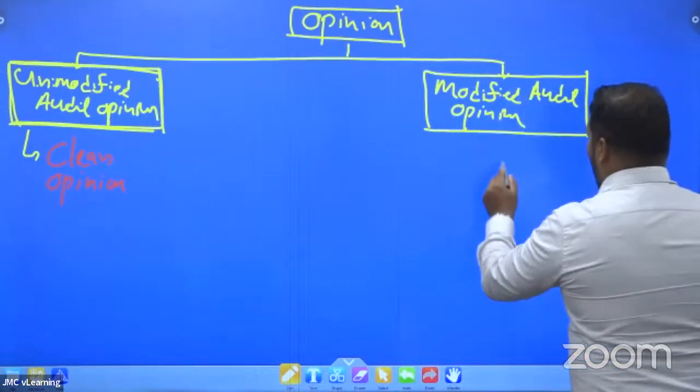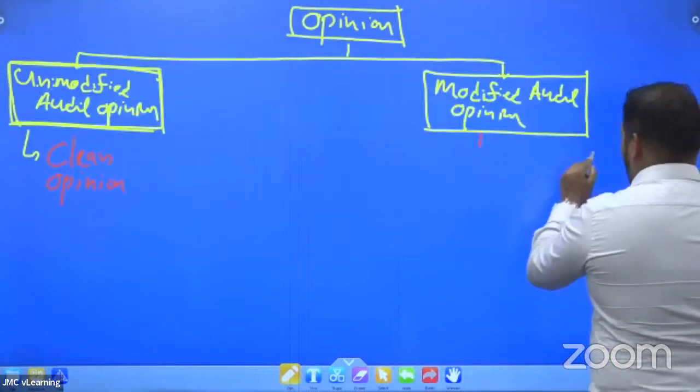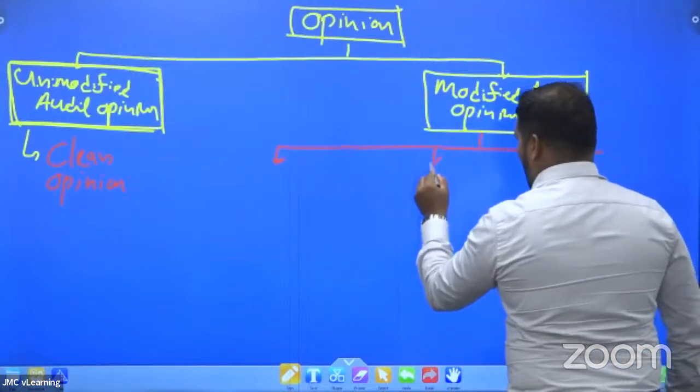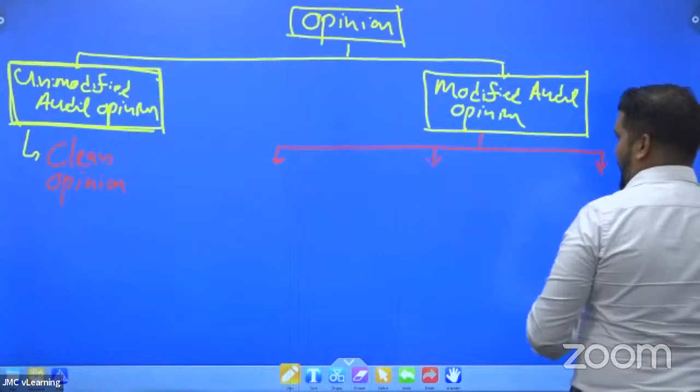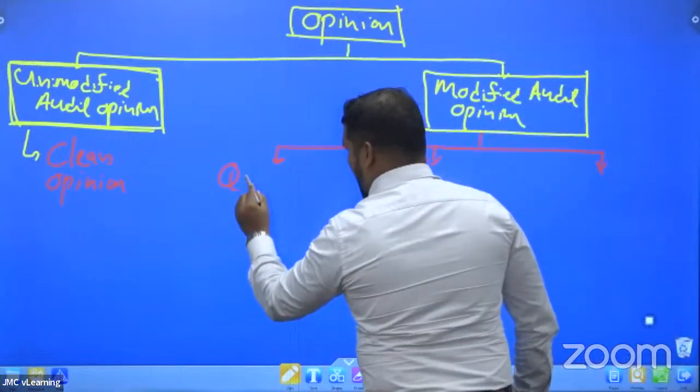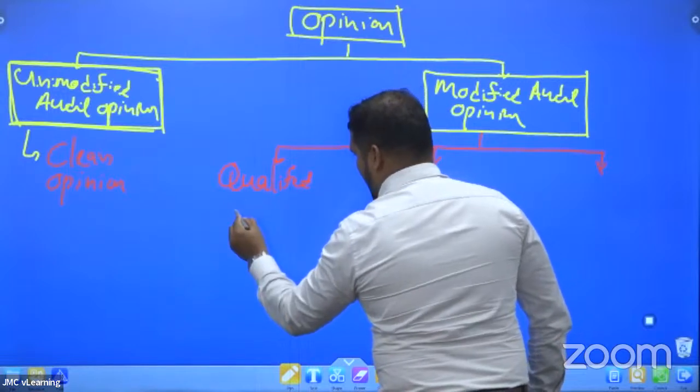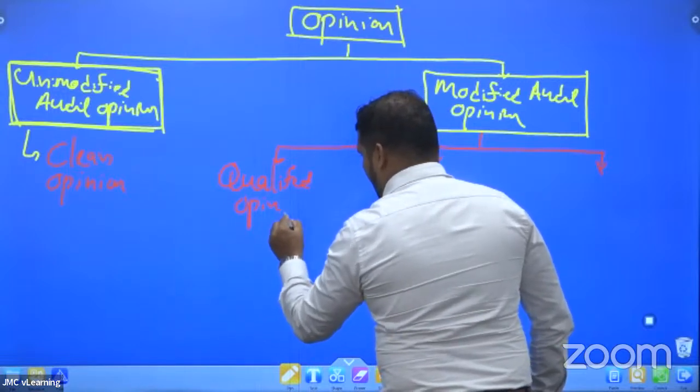But the modified audit opinion is further segregated into three. Number one, qualified opinion.